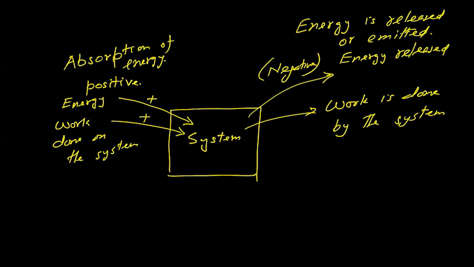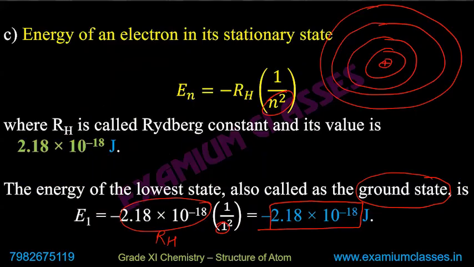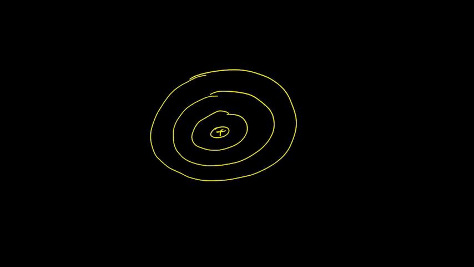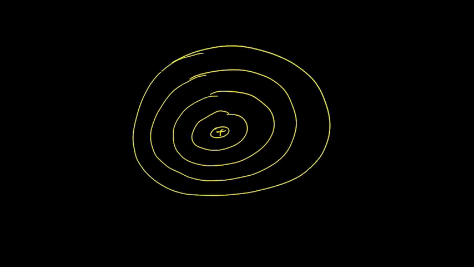Why is this important? This is important because if I am considering the electron moving from one orbit to another orbit, say from n equals 2 to n equals 4.